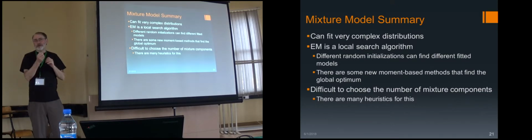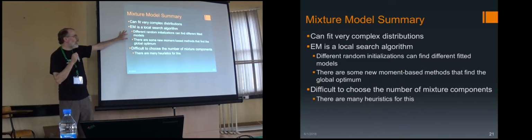With those methods, particularly I think of Anima Anandkumar at Caltech, she's probably the goddess of these methods, you can guarantee to find the global optimum. So there are these new techniques. They're statistically not as efficient as EM, but on the other hand, they get the right answer, so that's a good thing.